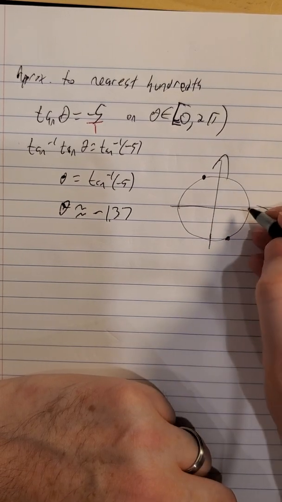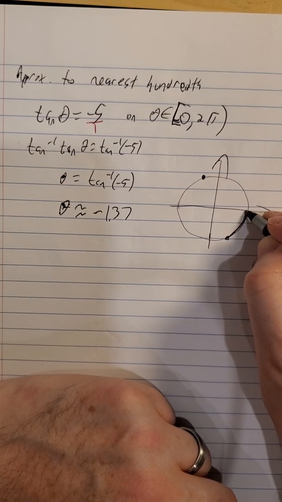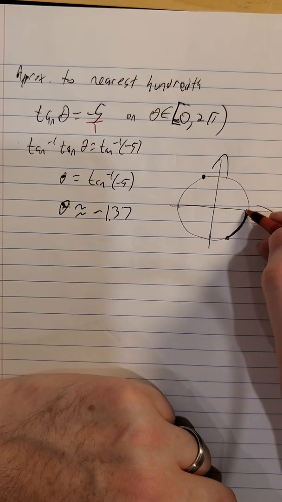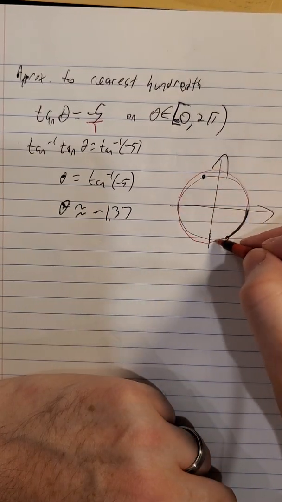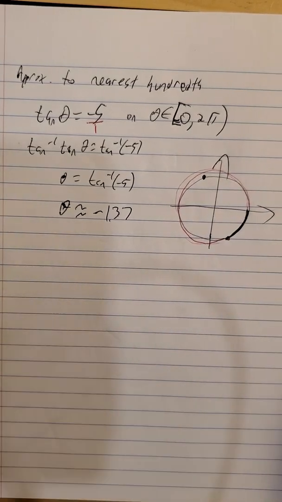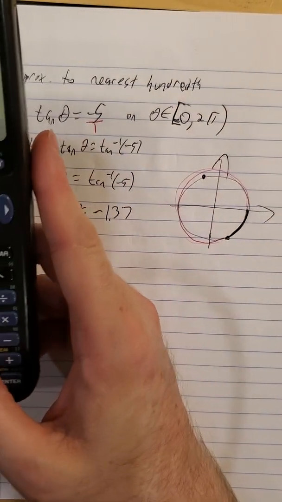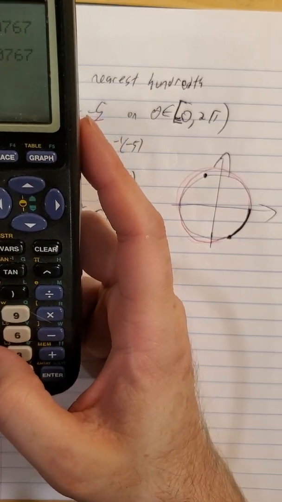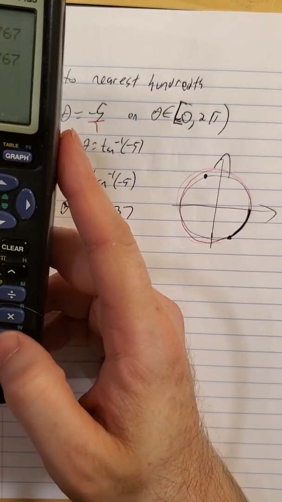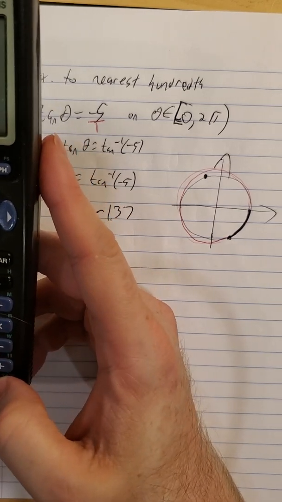So if this angle is my -1.37 radians, I can find this angle to complement that idea, bring me back to the same spot. So I'm going to do 2 pi and then our x.